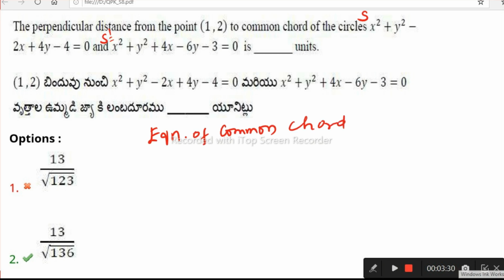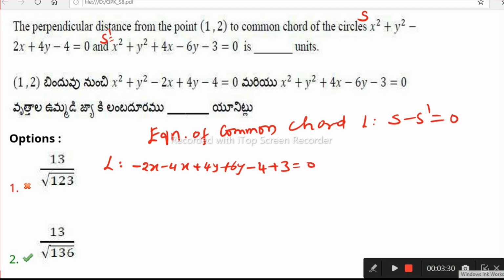The equation of the common chord is taken as some letter L, that means S minus S dash is equal to 0. Now the two given circles are in general form, with x square and y square coefficients 1, so let's directly subtract. Therefore L is the difference of S and S dash: x square and y square cancel, minus 2x minus 4x, then plus 4y plus 6y, constants minus 4 plus 3 is equal to 0.